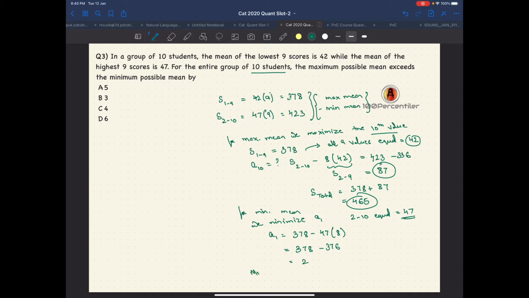Therefore minimum sum is 423 plus 2, which is 425. Therefore difference in means is computed as 465 minus 425 divided by 10, which is 4. Therefore 4 is the required answer here.